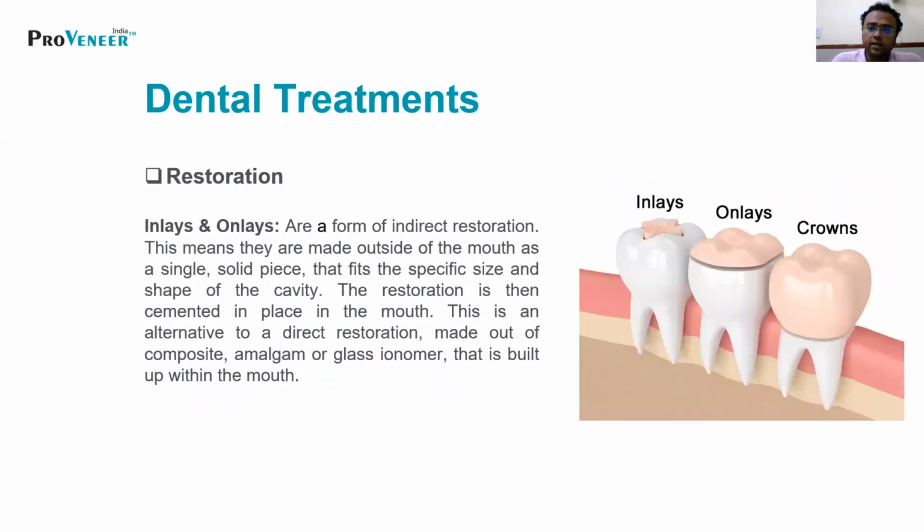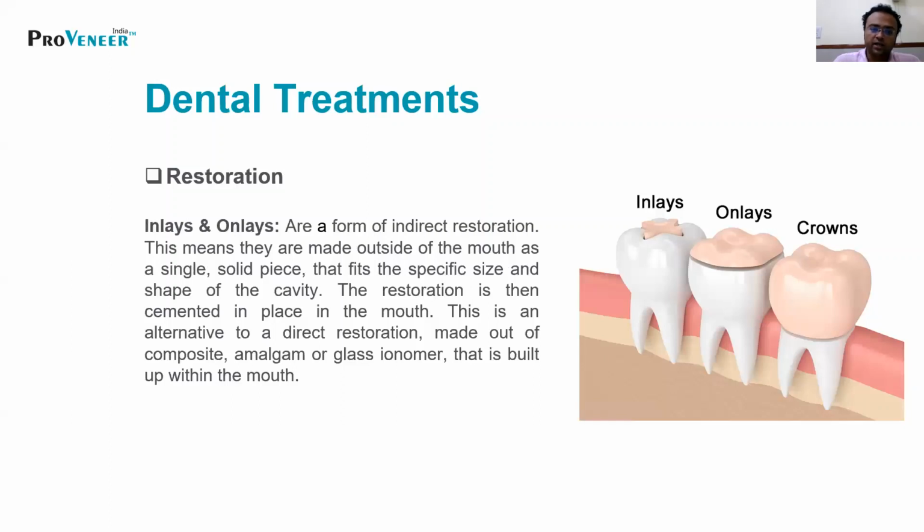Then come inlays and onlays. Inlays and onlays are a form of indirect restoration placed into the tooth structure. The major difference is that with an inlay there is less removal of tooth structure, with an onlay there is more removal, and with crowns there is even more removal of crown structure.